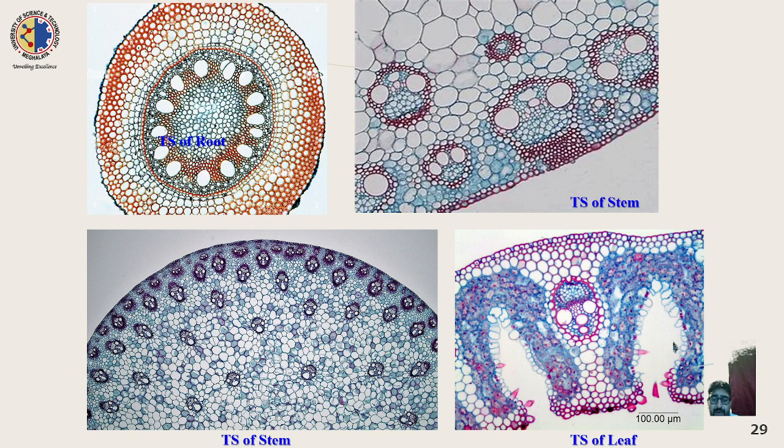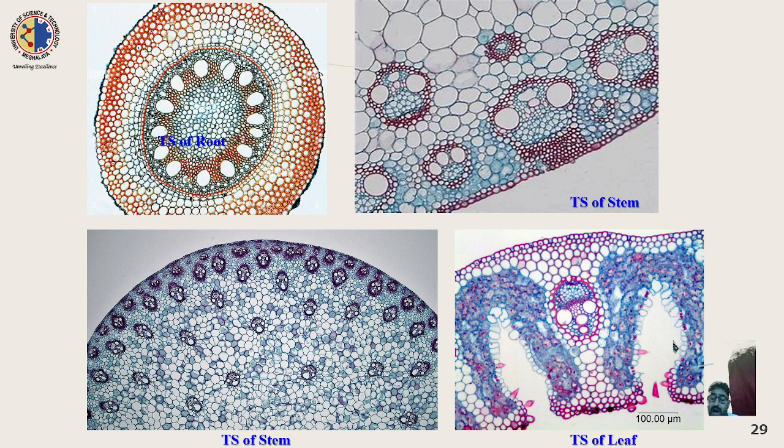Here you will find vascular bundles of the closed type. That means between xylem and phloem there is no cambium ring. If cambium is absent, secondary growth does not happen. So in the TS of stem, secondary growth is completely absent.